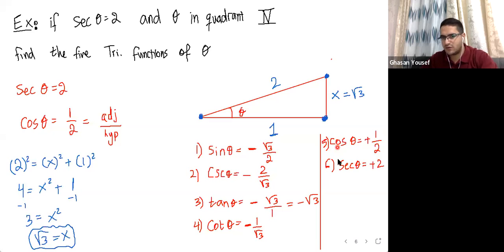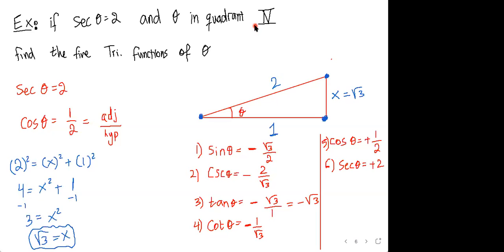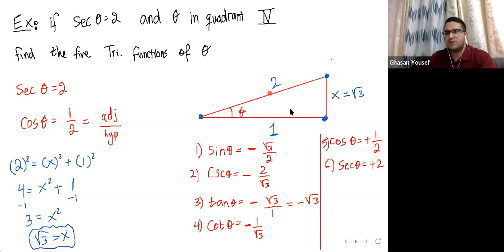The reciprocal of cosine is secant, so it's positive. The angle is in the fourth quadrant, so the cosine must be positive, and the secant must also be positive.